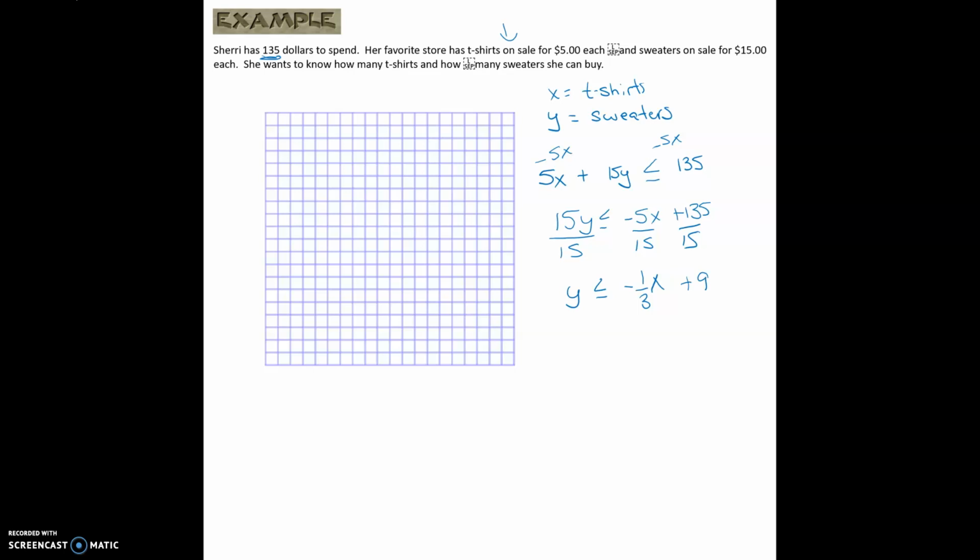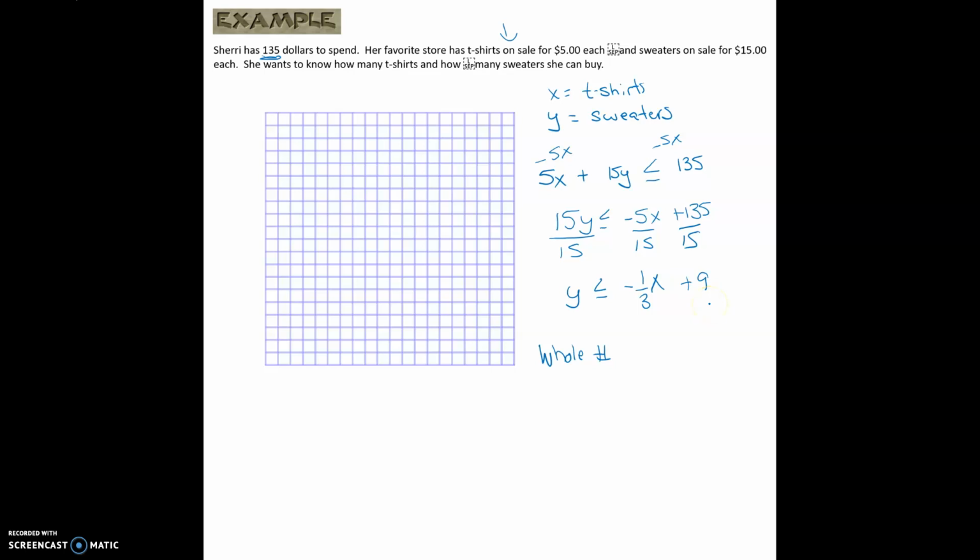coordinate plane here. Now because we're dealing with t-shirts and sweaters, we can only have whole numbers. I can't have half a t-shirt, I can't have half a sweater, and I can't have a negative amount of things. So I'm only dealing with whole numbers, which means I'm only in that first quadrant. So I'm going to go ahead and label my graph.